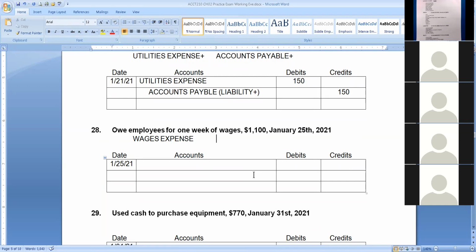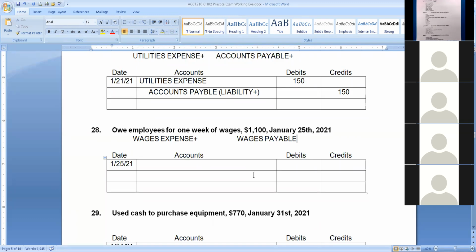Some kind of a payable could be accounts payable. Probably wages payable, but yeah, it's some kind of a payable. If you put accounts payable, it's fine. The important thing there is that it's a payable, that we owe somebody. Okay.